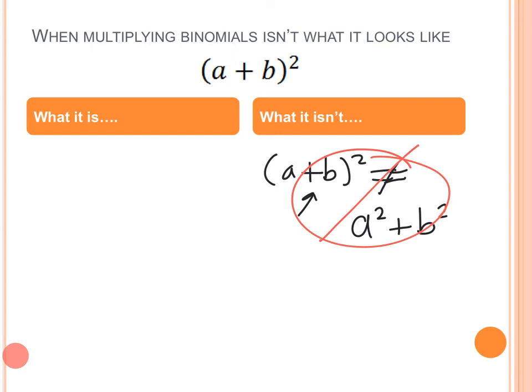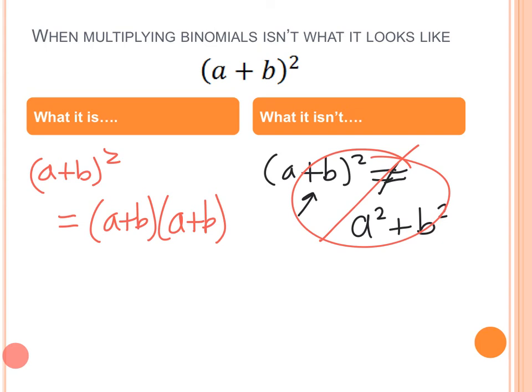What this actually is, when I take a plus b squared, it's going to give me a different result. This is going to equal a plus b times another a plus b. So it's almost similar to saying x squared is equal to x times x. So if I take this and imagine that this is x, I'm basically multiplying it by itself. So whenever you see a plus b to the power of 2, it's a plus b times a plus b.